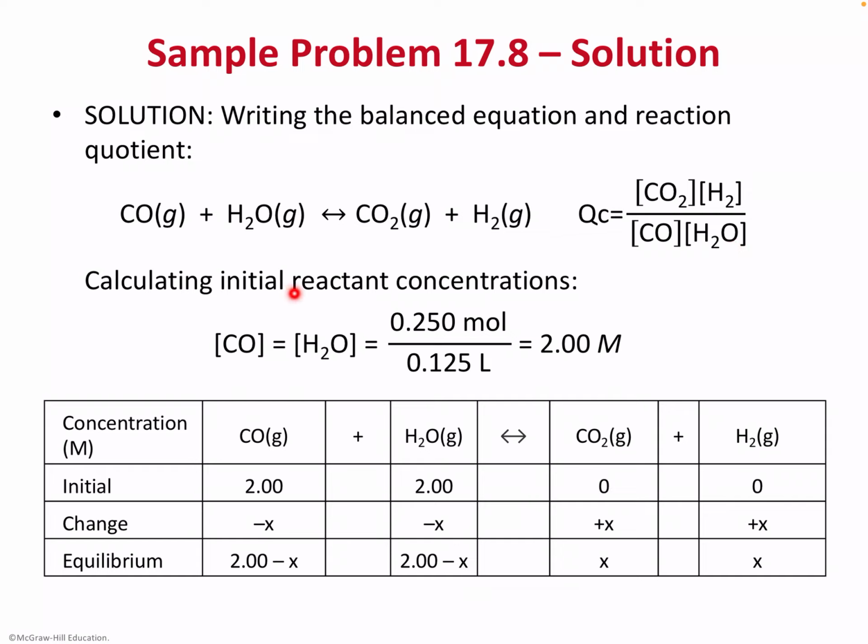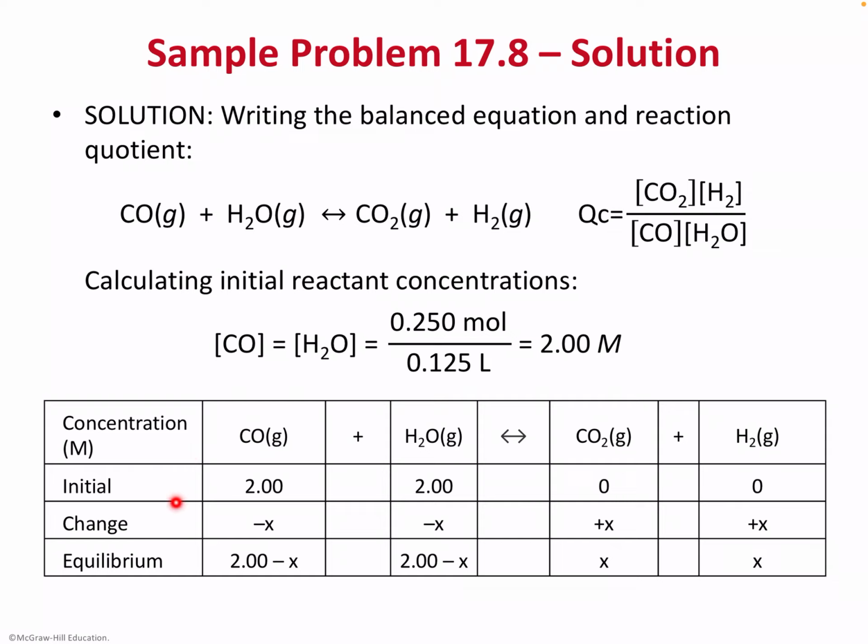We can calculate the initial reactant concentrations for these two, since the number of moles is 0.250 and the volume, 125 milliliters, converts into liters as 0.125. So that gives you both of these initial concentrations as 2 molar.